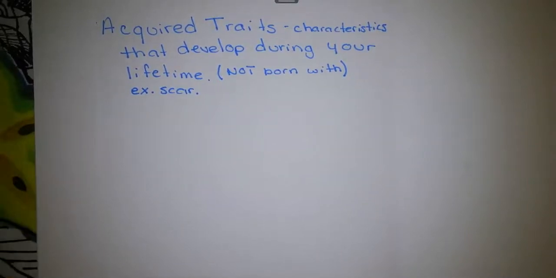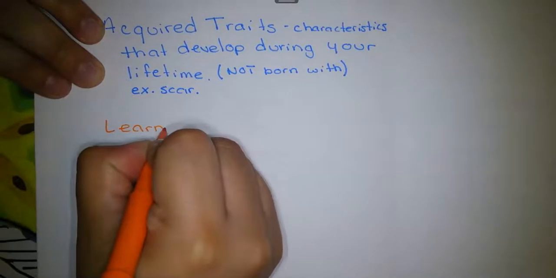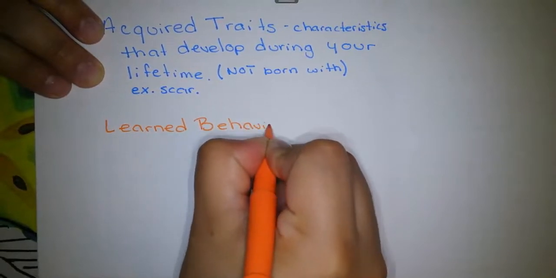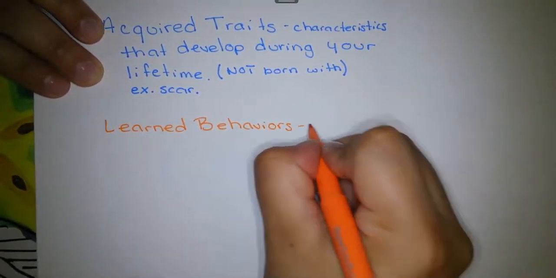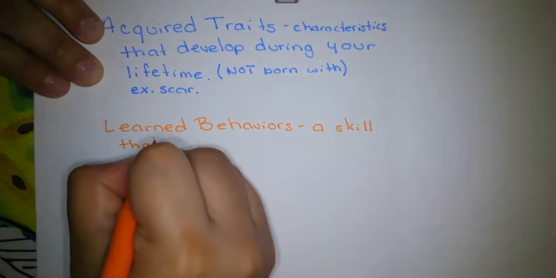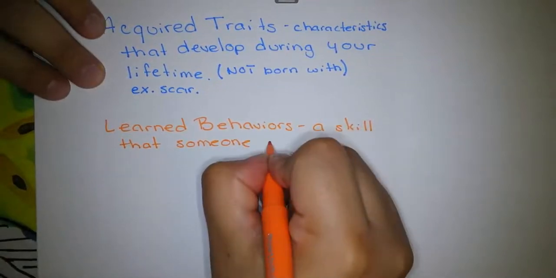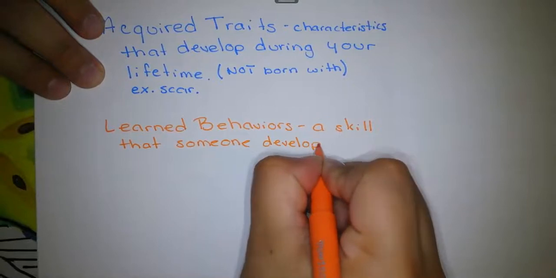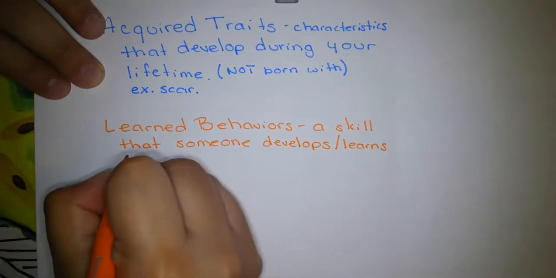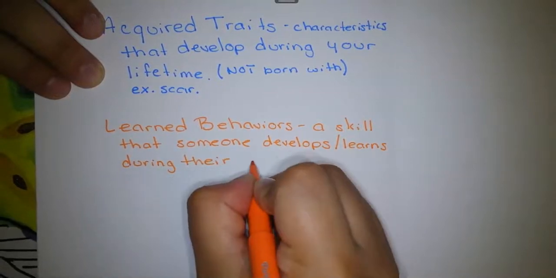The third word is learned behaviors. That is a skill that someone develops or learns during their lifetime.